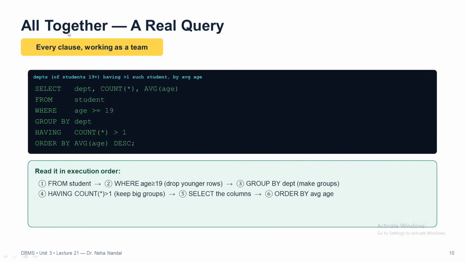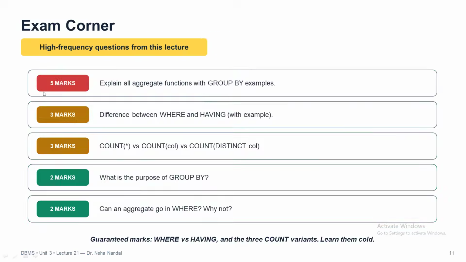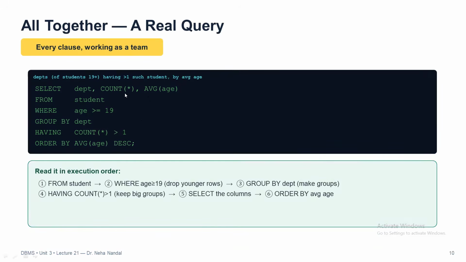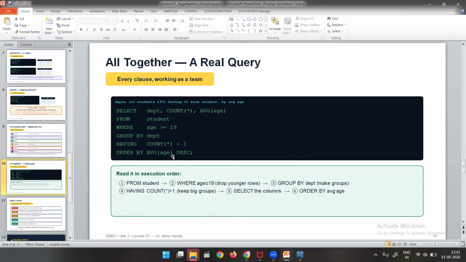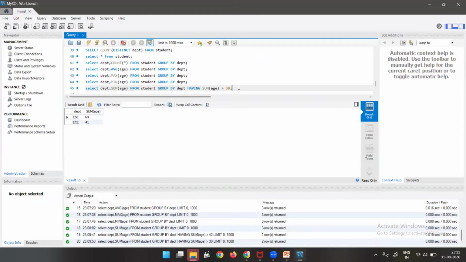So altogether, if you run this query: select department, count star, average age from student where age is greater than or equal to 19, group by department having count star greater than 1, and order by average age in descending order. The question is: of students age 19 and up, show departments that still have more than one such student ordered by average age. Let's try this out in Workbench, and this is the last of this video.